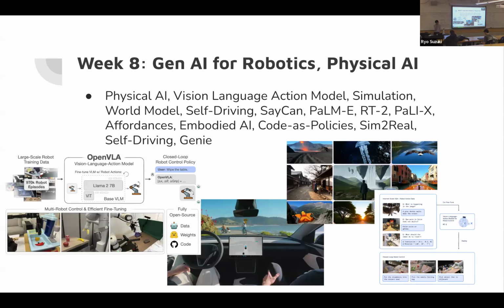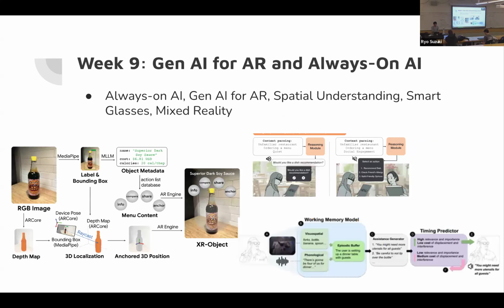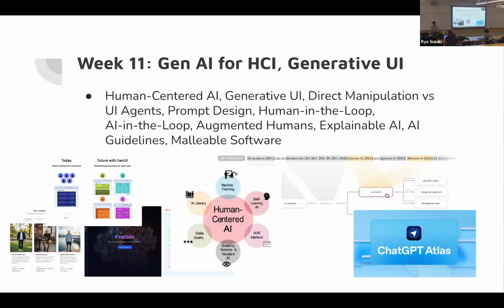Then in week 8, we had robotics and physical AI: how self-driving cars work and how robots use large language models and VLMs. And always-on AI, with a guest lecture on glasses, on how AI moves beyond chat interfaces for physical and real-world AI, and how chat interfaces can go beyond to more generated graphical user interfaces, called generative user interfaces.